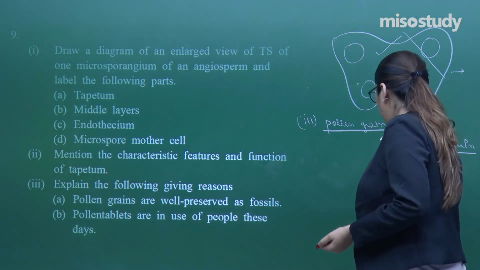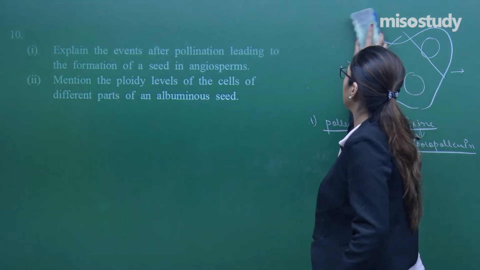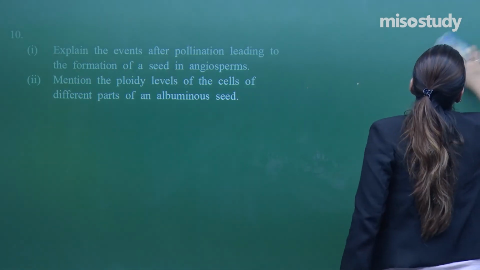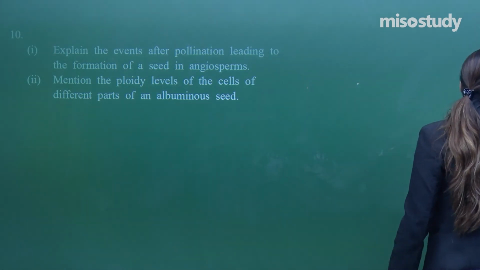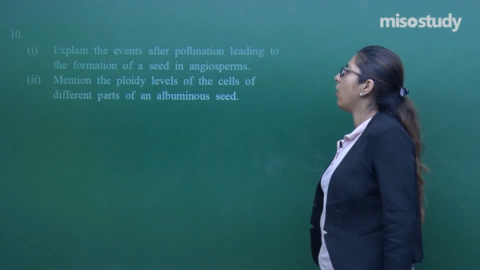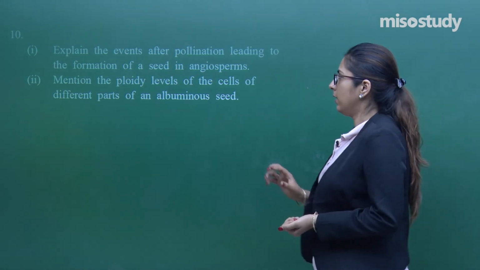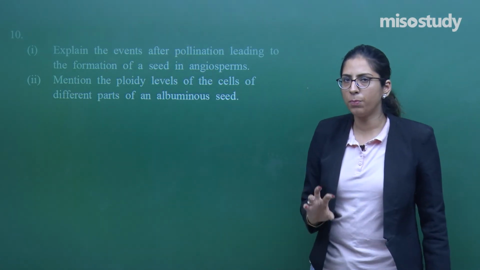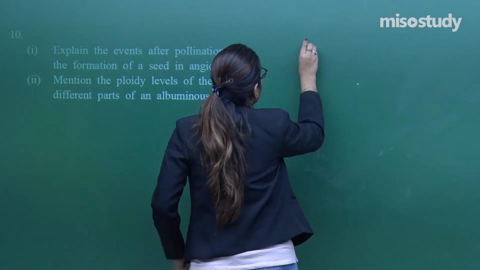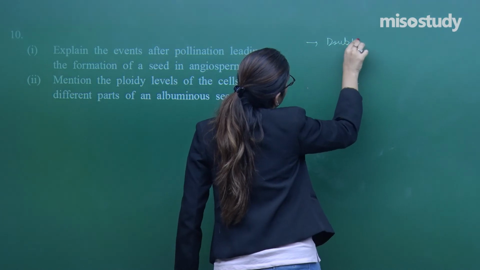Now let's move on to the next question, question number 10. Explain the events after pollination. Now the pollination has happened. We have to explain the exact process for the formation of a seed in angiosperm, and mention the ploidy level. I will not be explaining the whole process in detail, but what you have to explain is, first, how double fertilization happens.